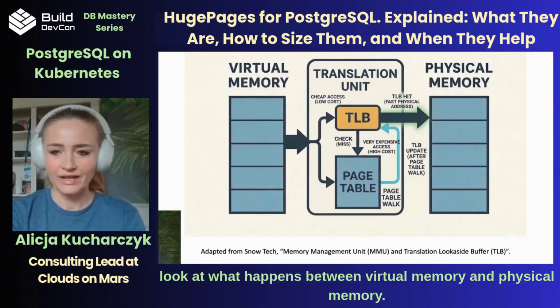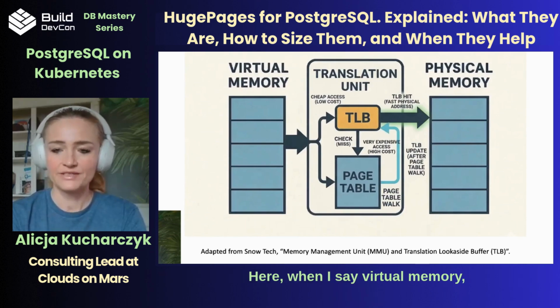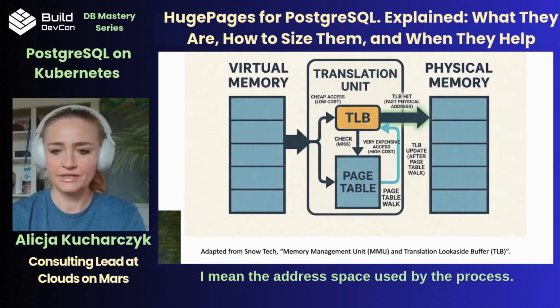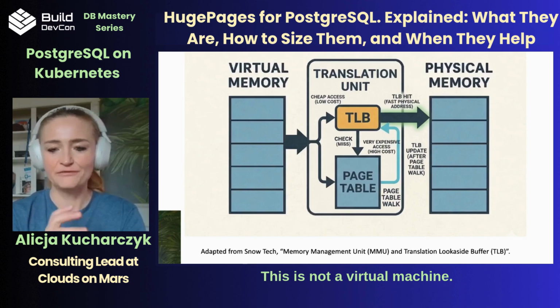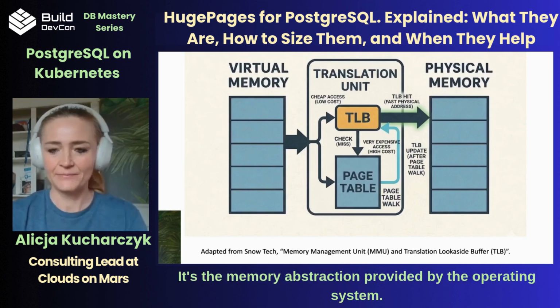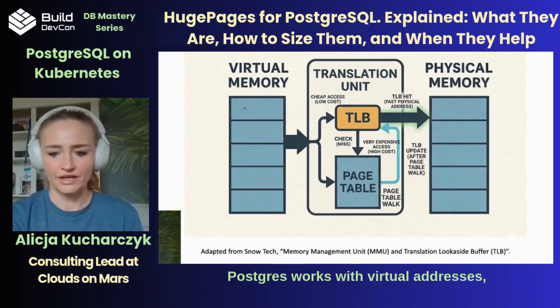Now, let's look at what happens between virtual memory and physical memory. Here, when I say virtual memory, I mean the address space used by the process. This is not a virtual machine. It's the memory abstraction provided by the operating system. Postgres works with virtual addresses.